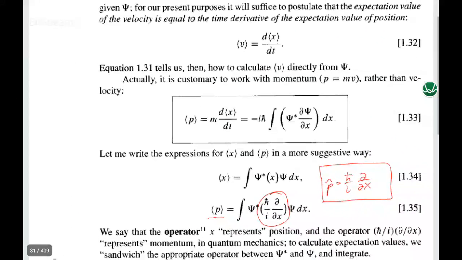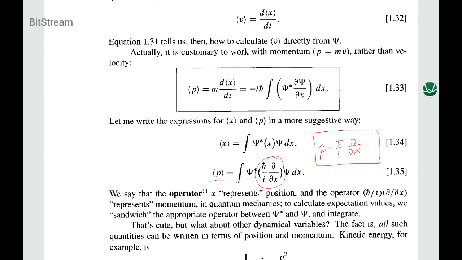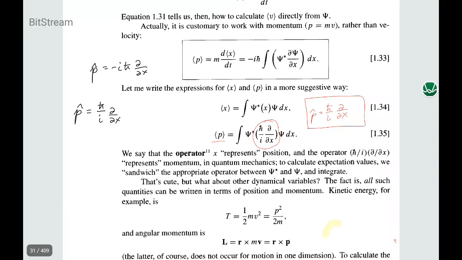There we are. So this is our momentum operator. Or i times the momentum operator equals negative h bar del x. I tend to prefer this way just so I can avoid that negative sign. There we go. That is our momentum operator.